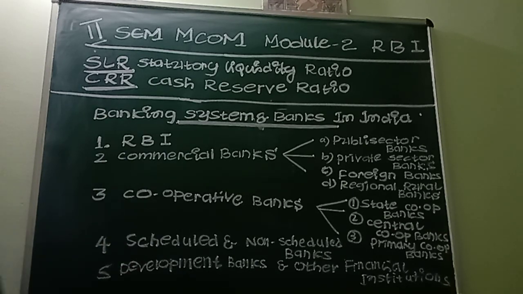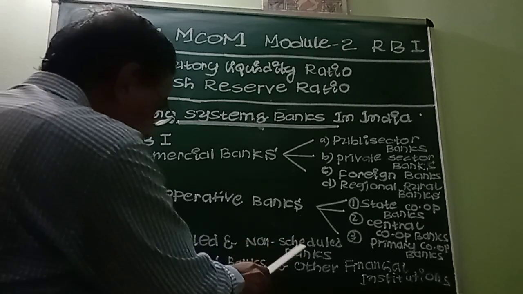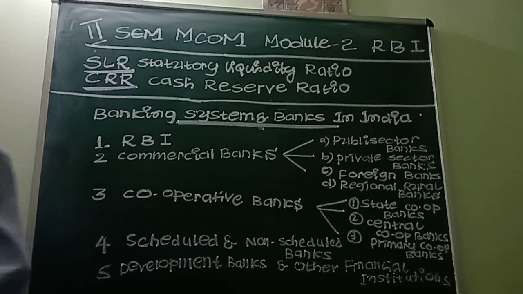A bank is said to be a scheduled bank when it has paid up capital and reserves as per the prescription of RBI and is included in the second schedule of the RBI Act of 1934. Please understand, scheduled banks are those banks which have paid up capital and reserves as per the prescription of RBI and are included in the second schedule of the RBI Act 1934.